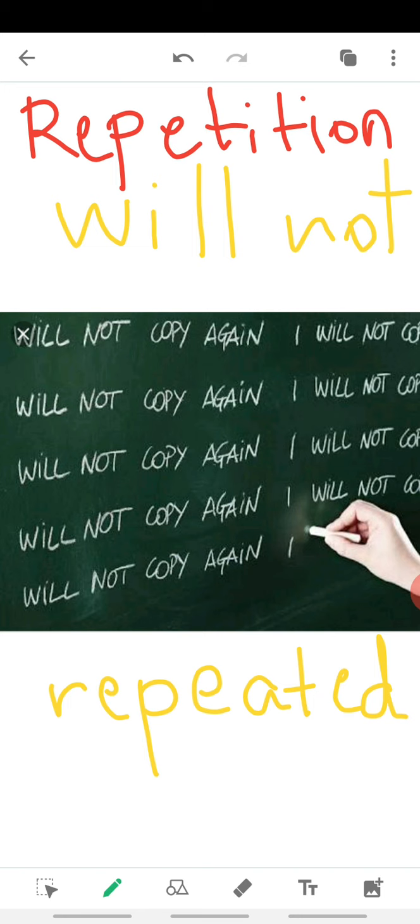Please note down the spelling. Many of us tend to make this mistake. We often write REPEATATION, which is wrong. REPETITION is the correct spelling.